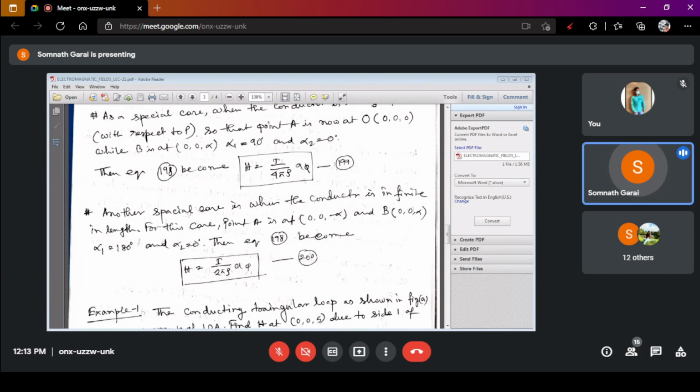This is equation number 200, which represents the magnetic field intensity for an infinite length conductor situated in the z direction, with respect to a point P, right?